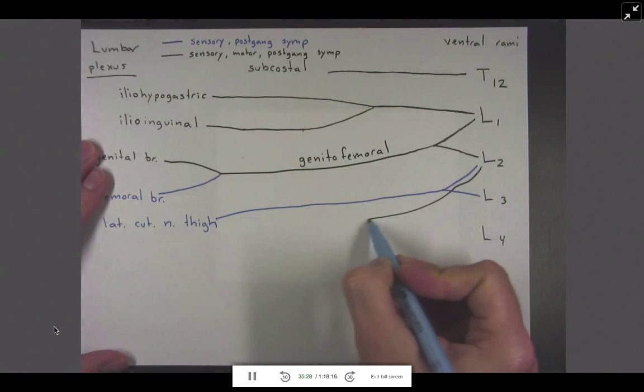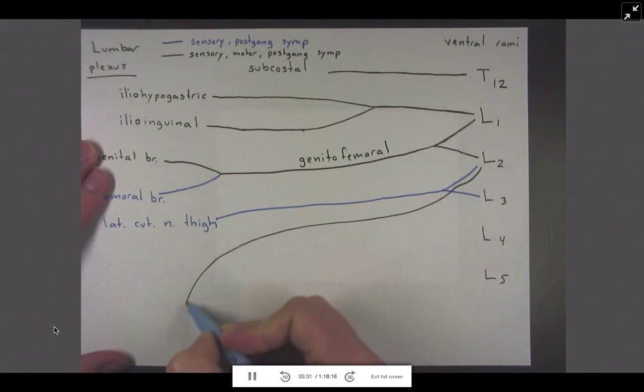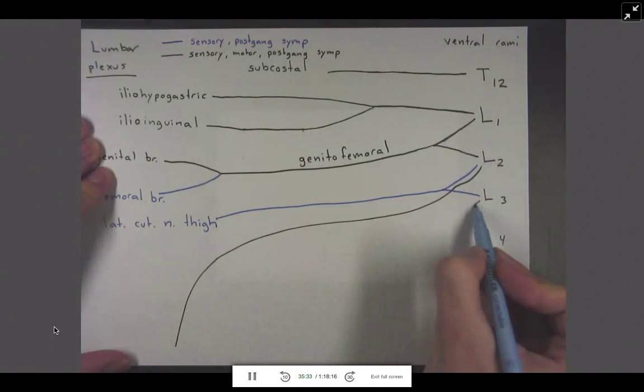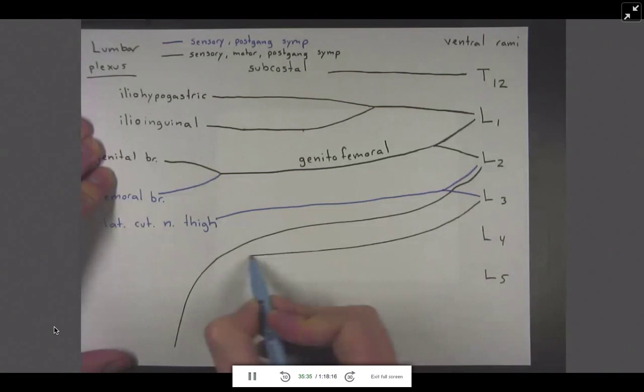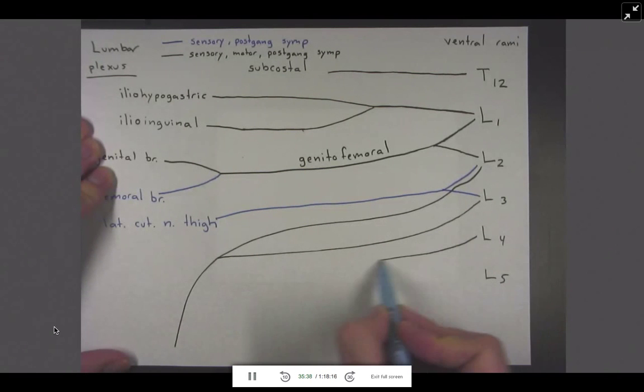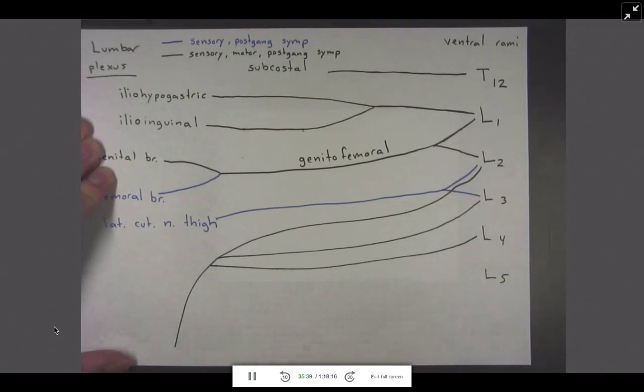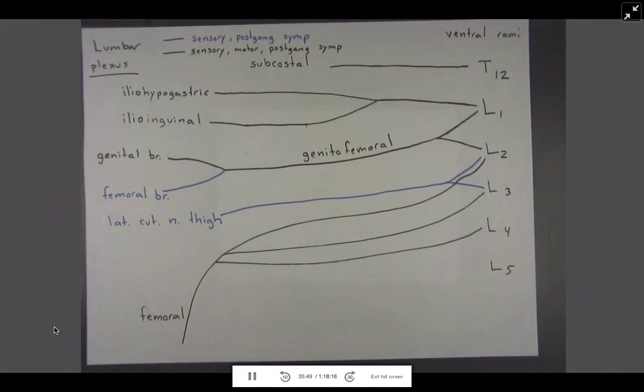Now we'll have L2, L3, and L4 come together to form the femoral nerve. L2, L3, and L4 off of the lumbar plexus, contributing to the femoral nerve.